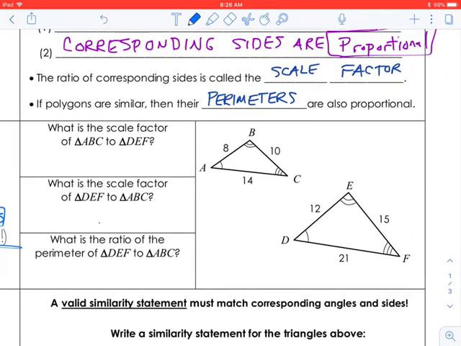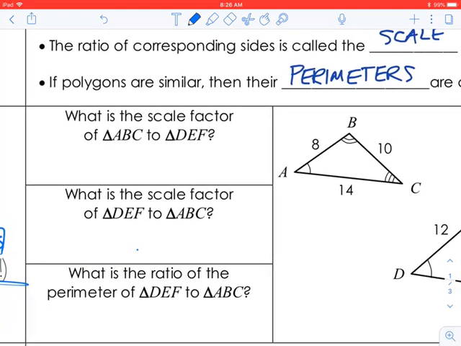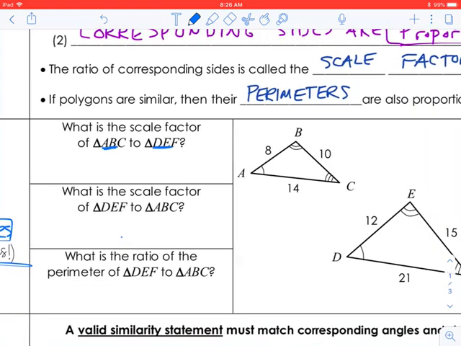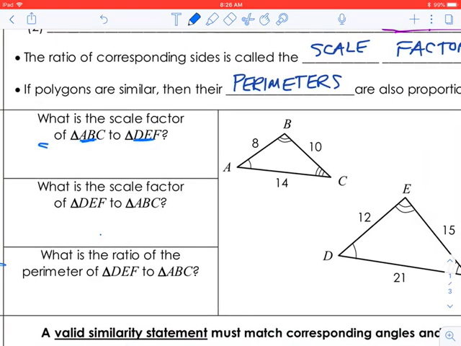What is the scale factor of ABC to DEF? So ABC, I'm just going to look at the first two letters. So AB is 8 over DE is 12. Well, let's see, 8 over 12, both divide by 4. So I get 2 over 3.